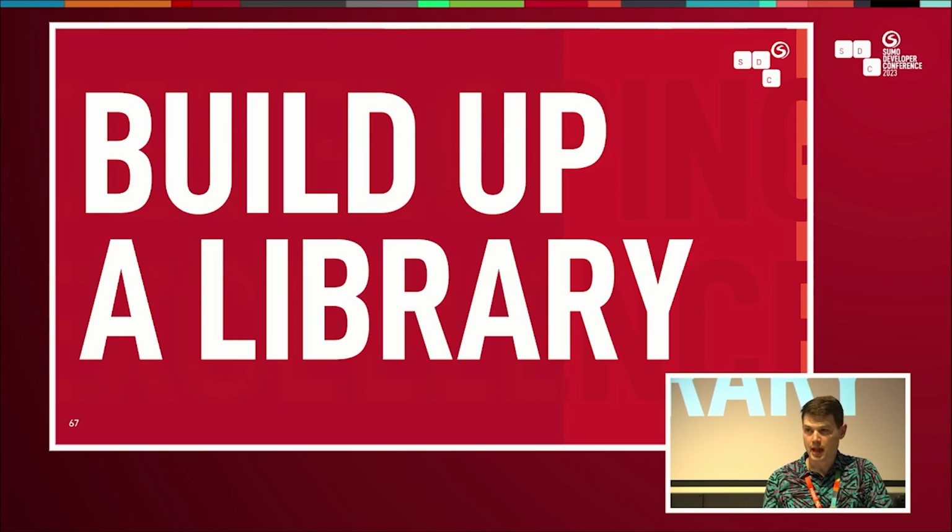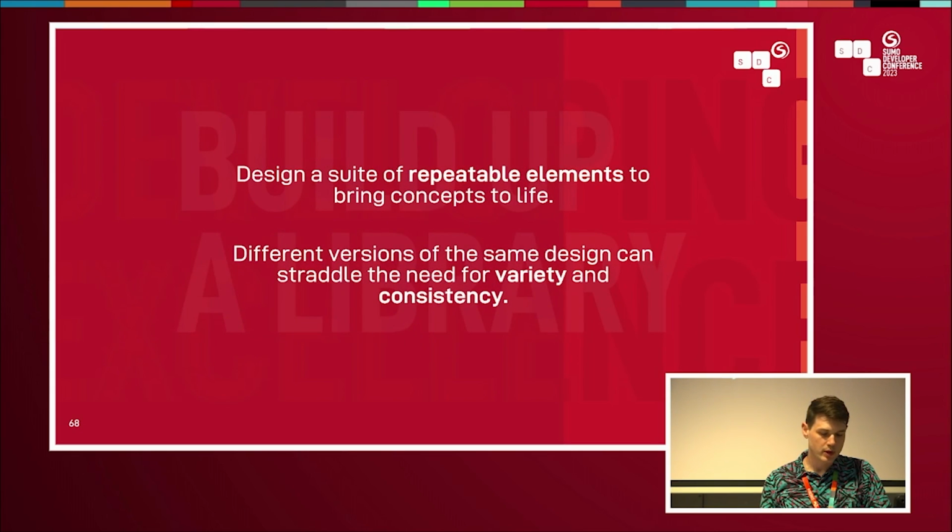We want to build up a library of assets that we can use across the game. Consistency is something that's really important. So we often try to design a suite of repeatable elements that can be used on characters, vehicles, level designs, and really bring those concepts to life, but also bring them all together as well. And it's important to have lots of different versions of the same design if it's repeated.